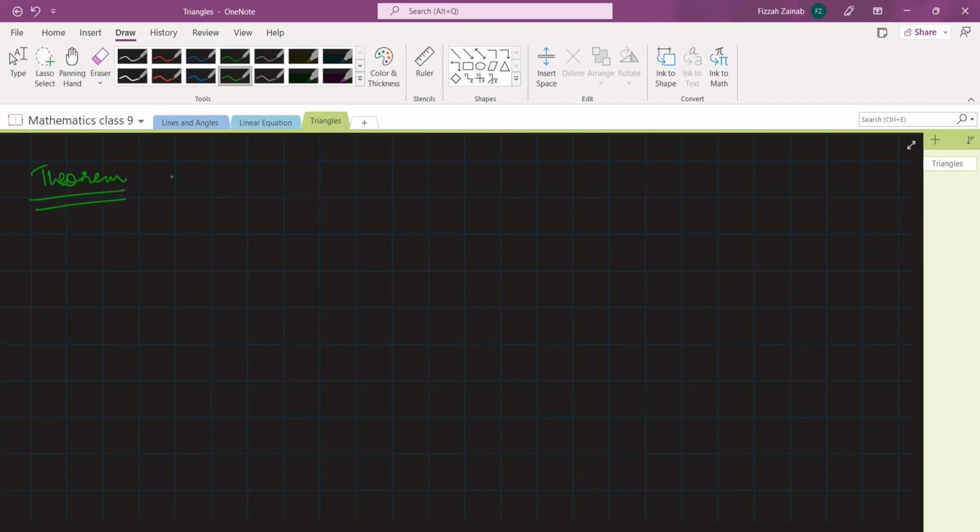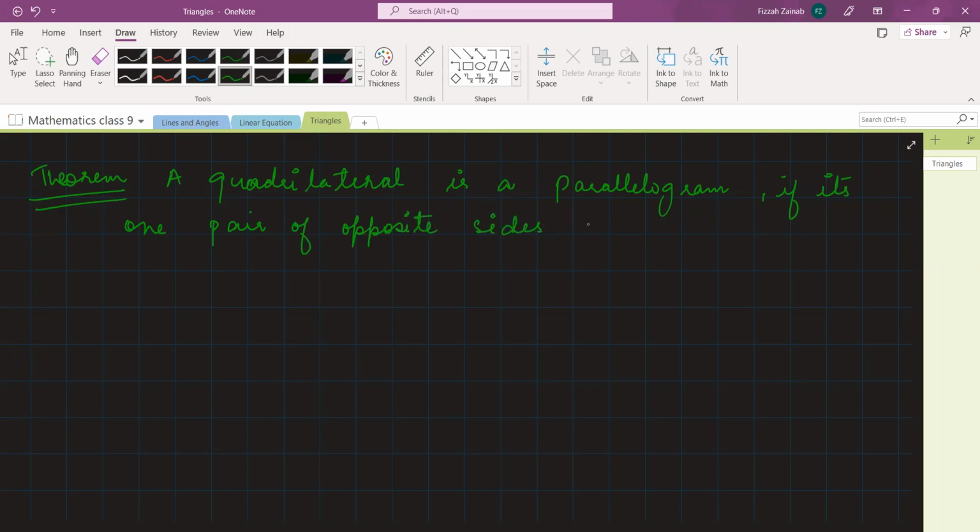A quadrilateral is a parallelogram if one pair of opposite sides are equal and parallel.